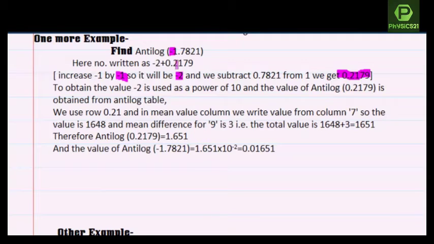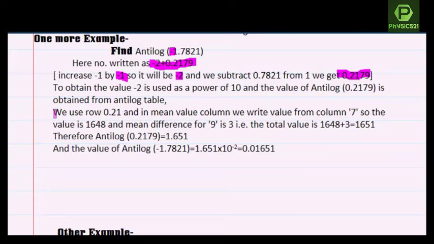Now this number can be written as minus 2 plus 0.2179. To obtain the value, minus 2 is used as a power of 10, and the value of antilog 0.2179 is obtained from the antilog table.